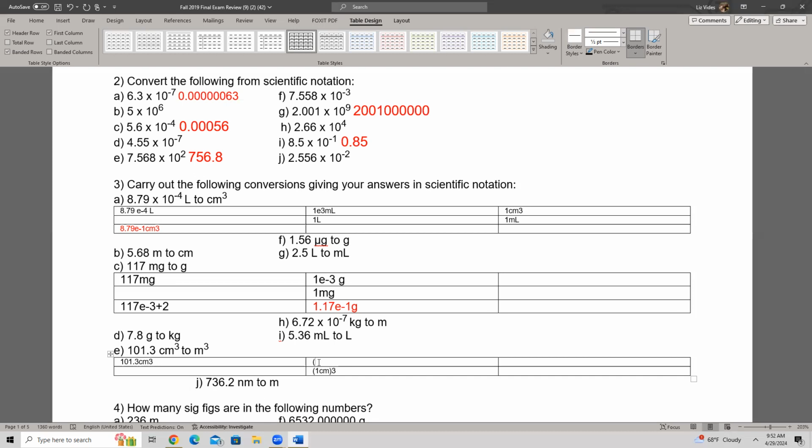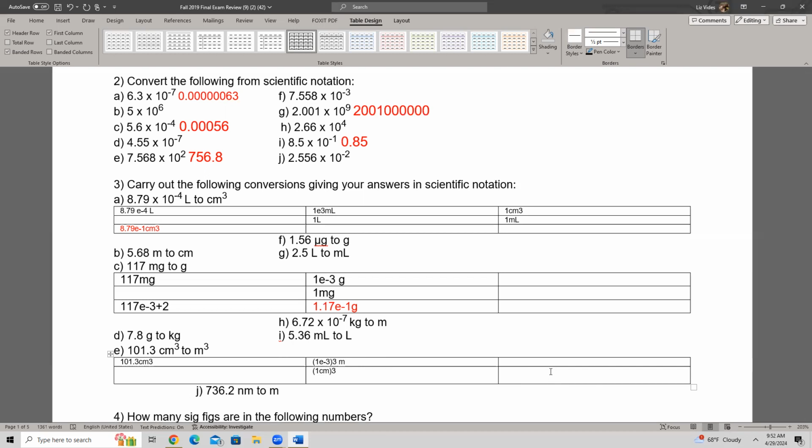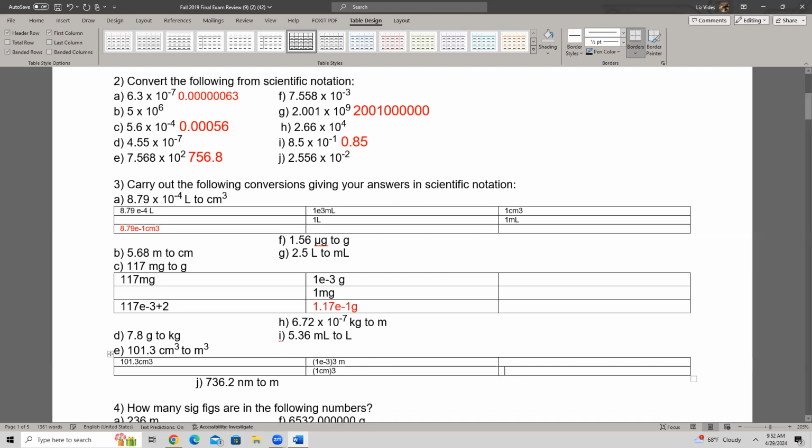We need to make our own. So then the next one is 1 e to the negative 3 cubed, right? Is in meters. Okay, so that is our answer right there. So basically the answer is, oops, nope, that's not what I meant to do.